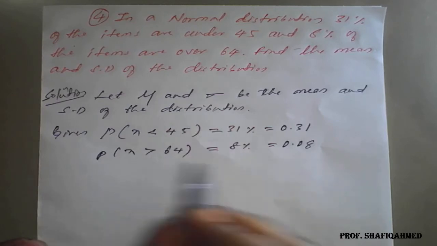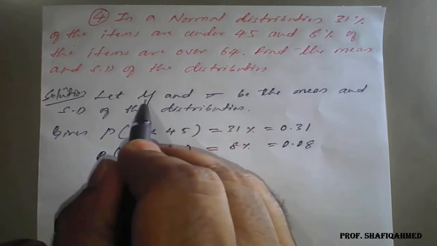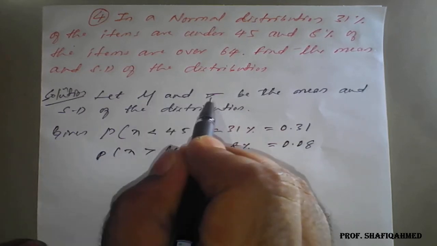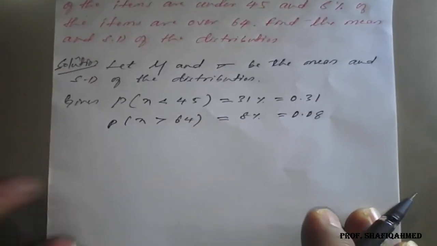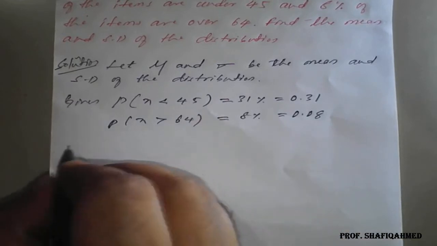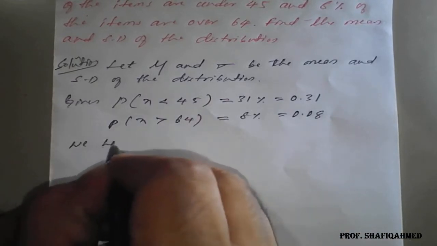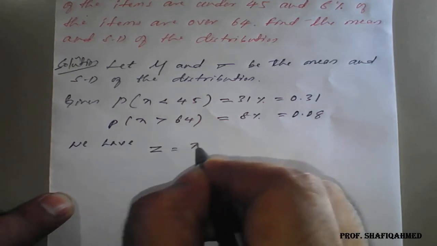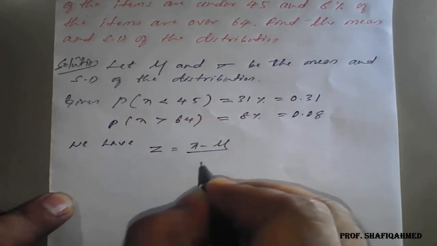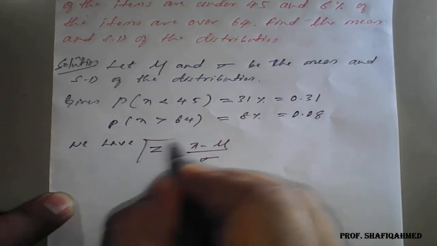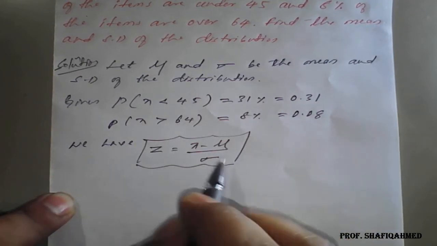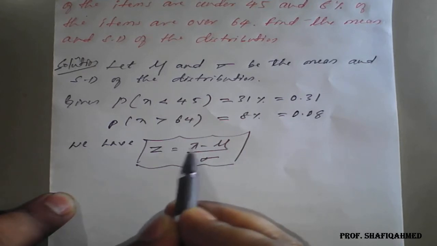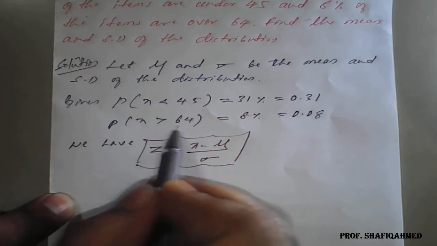So this is the given data in the question. With the help of this given data, we need to find μ and the standard deviation, that is, the mean and standard deviation of the given distribution. As we know, the z formula is z = (x − μ) divided by the standard deviation. Right now we don't know the μ value and σ value, but we can substitute the value of x by using these two conditions.